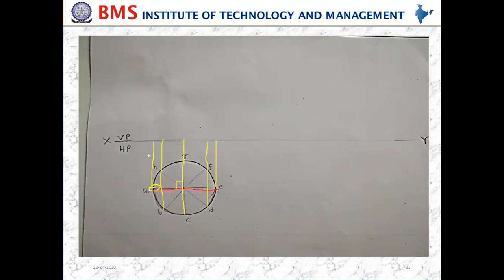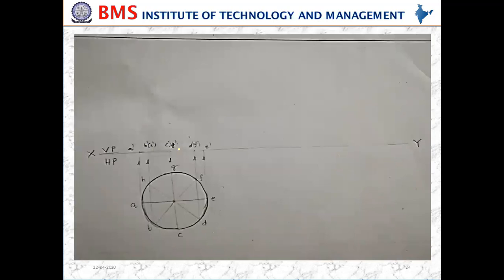After drawing these projections, represent the points A dash, B dash, H dash, C dash, G dash, D dash, F dash, and E dash. After representing all these points with the arrowheads, join A dash to E dash.